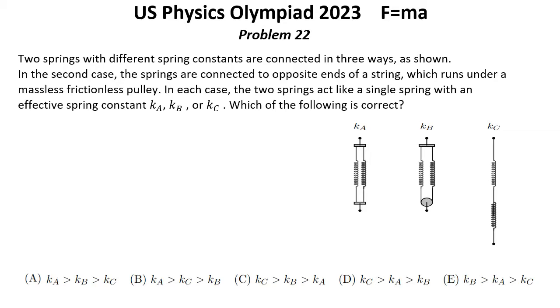The second case is less common, but it's similar to the third case, because here we have the same force acting on each spring, but now they are connected more like in parallel.